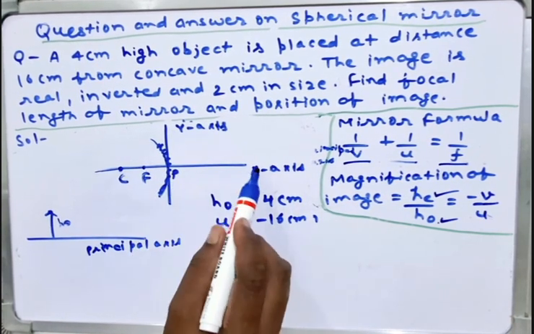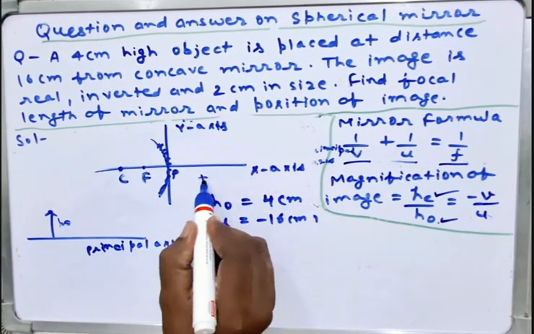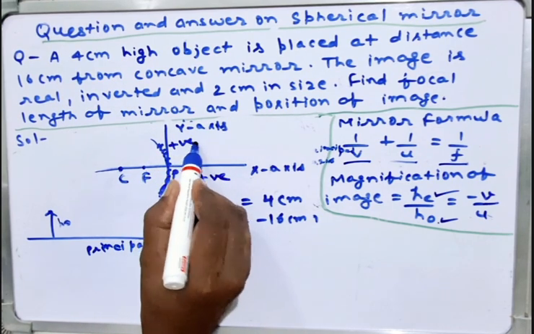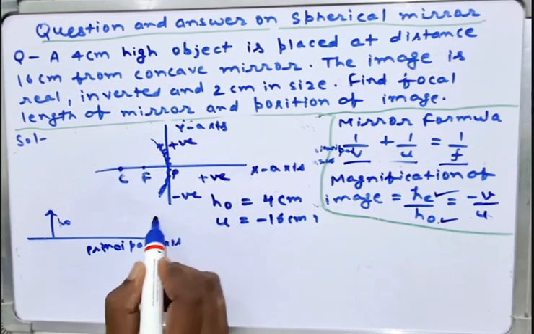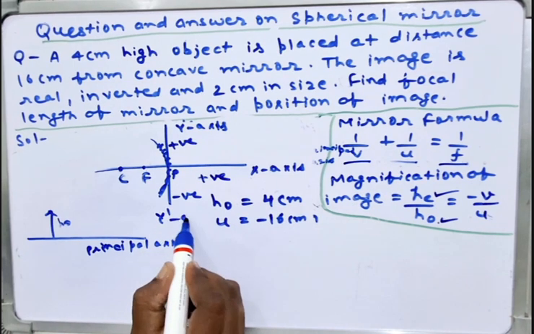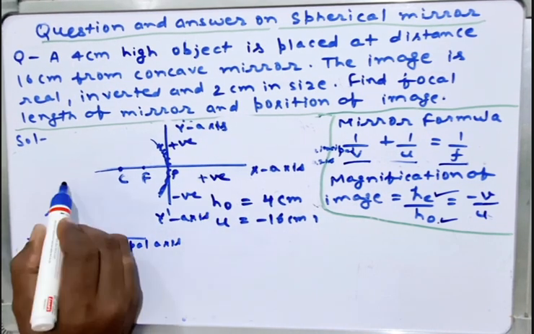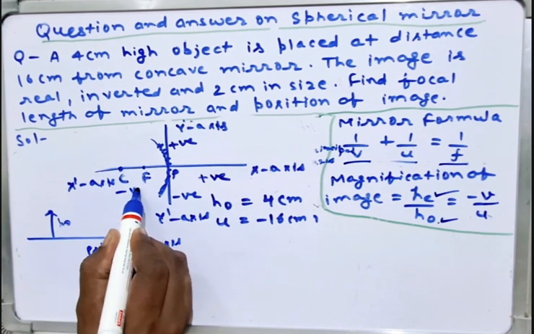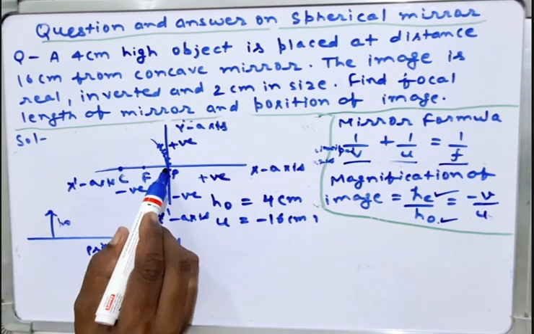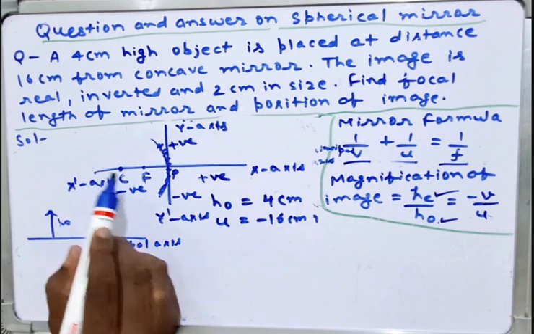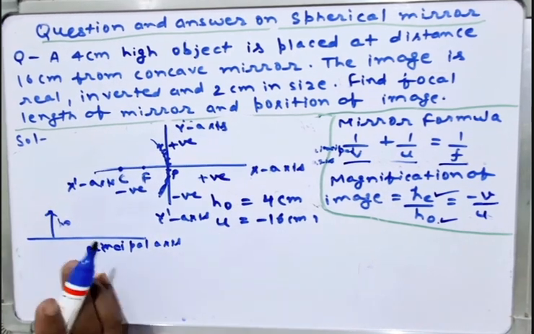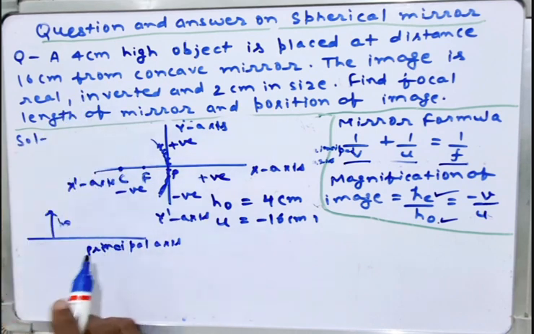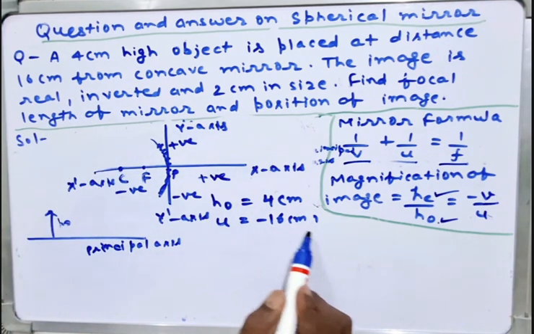Because guys, you know this one is the x-axis, so this is a positive number, and this is also positive, and this is the negative y dash axis, and this is the x dash axis, and this one is a negative number from the origin to this side. So we always place the object on the left side, and then it must be a negative number.